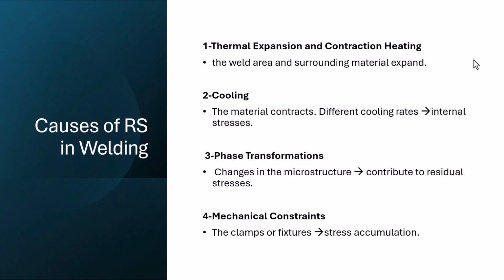The next one is phase transformation. During the welding, the material phases change, and we have different zones of welding which contribute to residual stresses. And one of the most important ones is the mechanical constraint. The clamps, the fixtures, or anything else that holds the material steady and constrains the movement can cause residual stress after being removed.